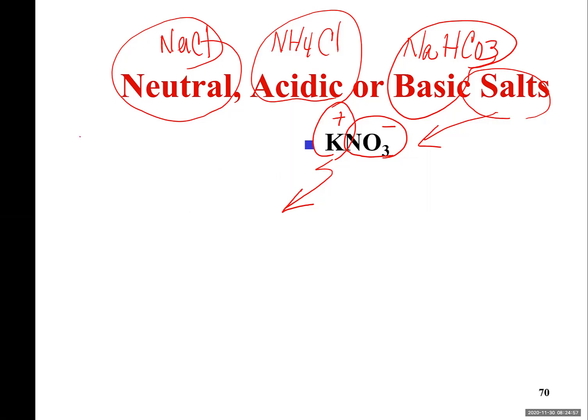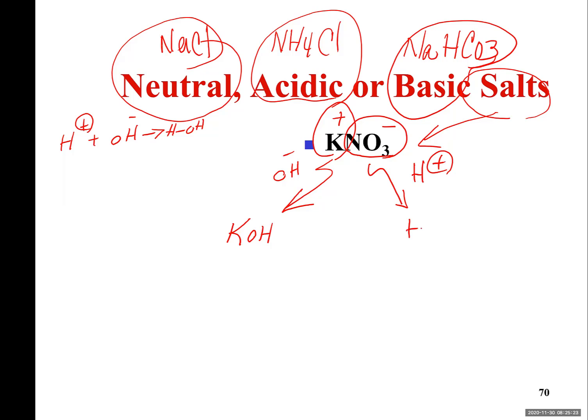Did we say water is formed from H plus and OH minus? So I'm going to add OH minus to K plus, it makes KOH. And then take the negative charge component of the salt. To this add H plus, opposites attract.